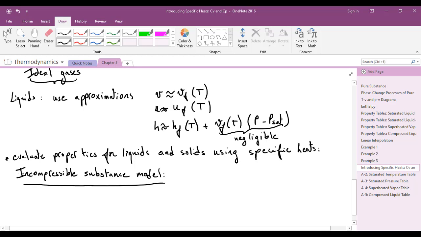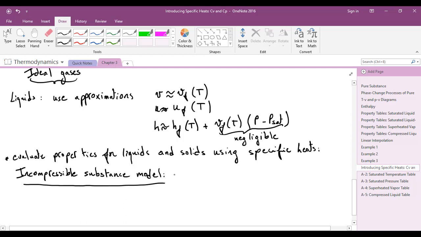So the incompressible substance model is based on observations that for liquids and solids, their internal energy and their specific volumes vary little with the pressure.